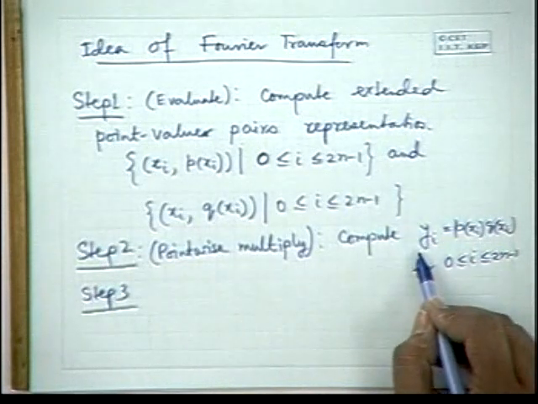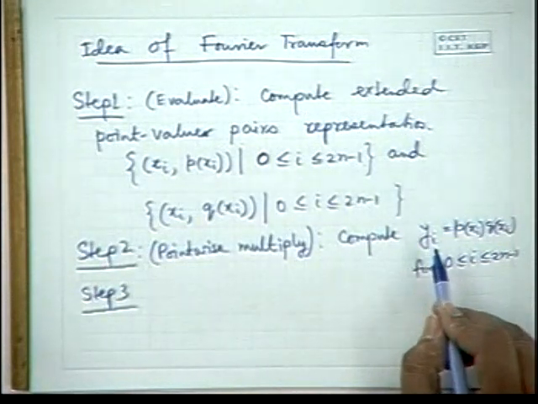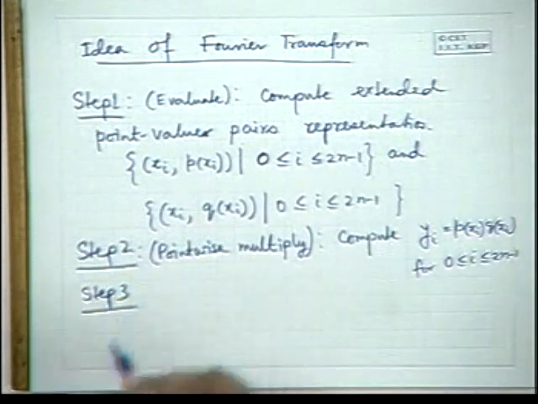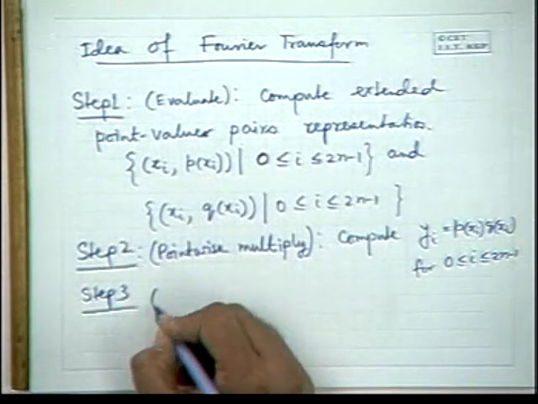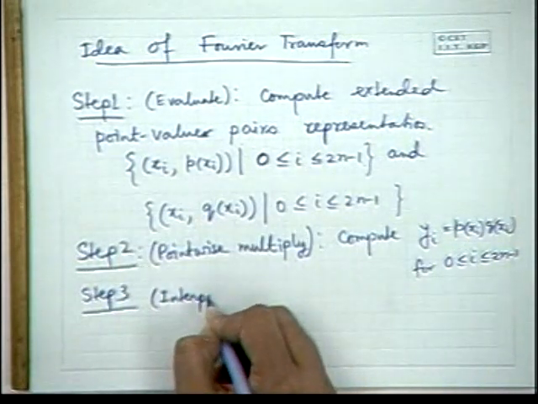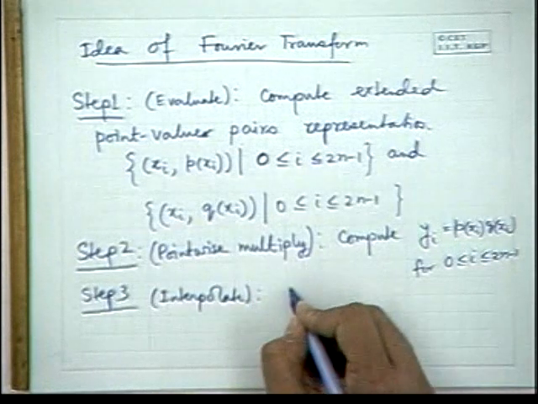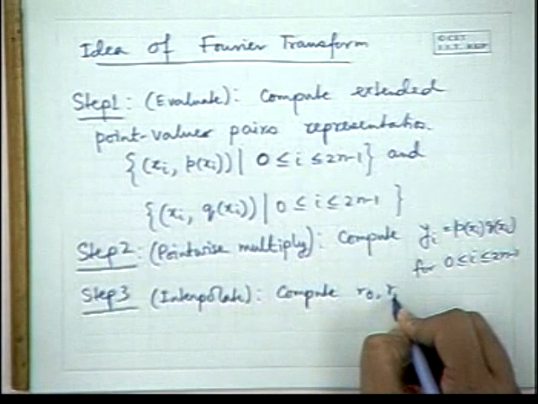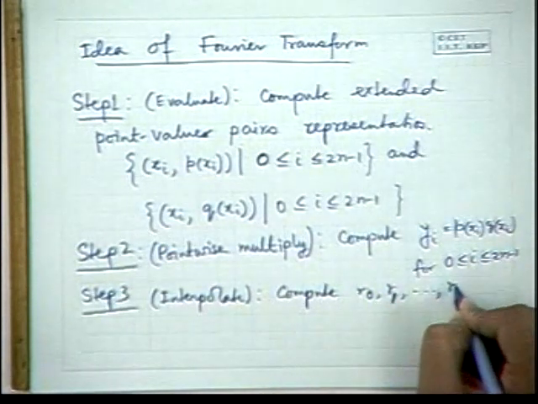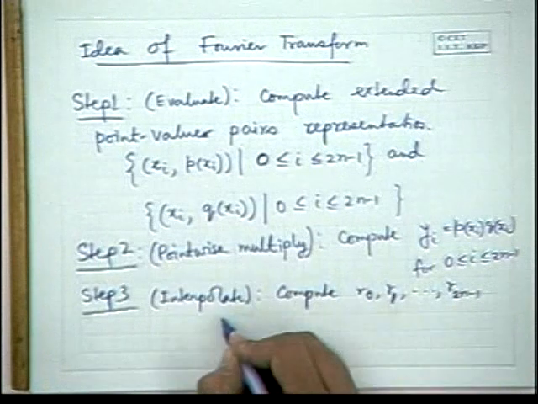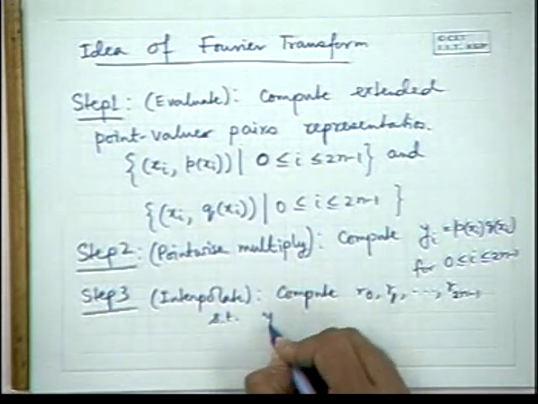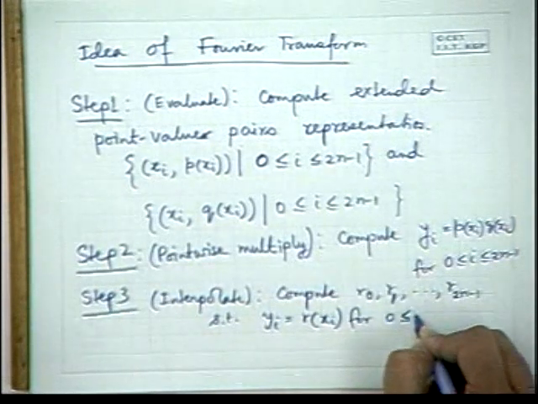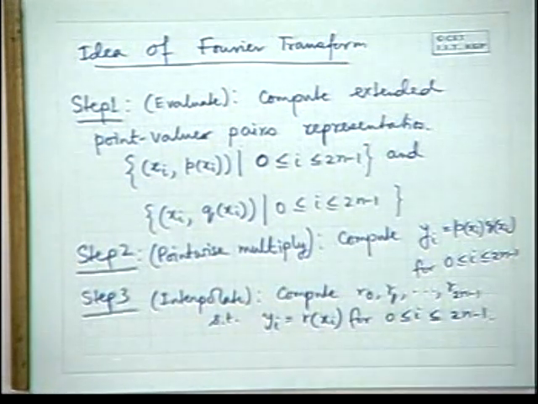To get the actual polynomial form, we have to convert this form to the actual polynomial form. So that is step 3. That will be the interpolation step. In this interpolation, we have to compute r0, r1 up to r2n minus 1 such that yi is equal to r(xi) for i from 0 to 2n minus 1.